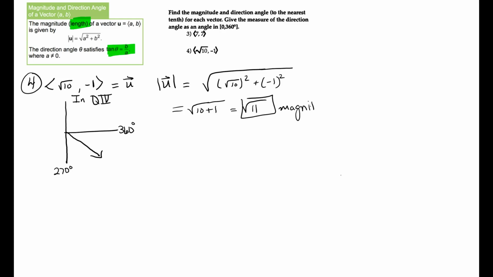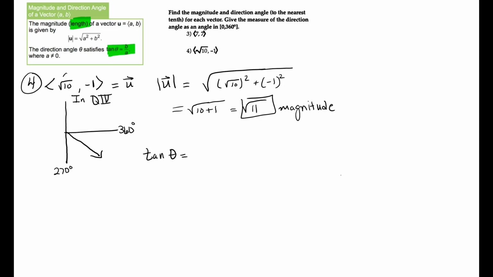Now let's consider the direction angle of the vector. Again, we said that it's somewhere between 270 and 360. The tangent of theta, because that's the formula that we're given up here at the top, is equal to b divided by a.